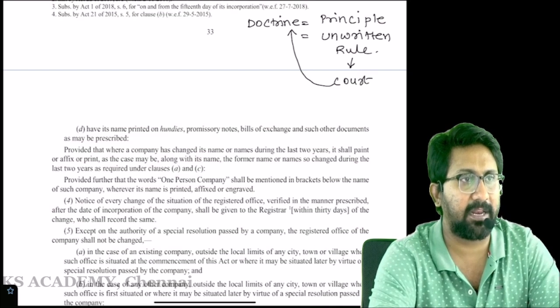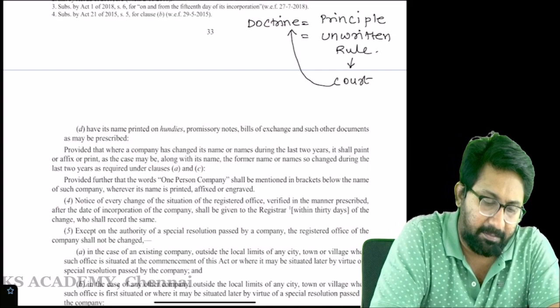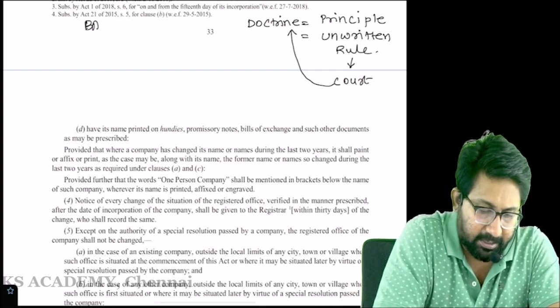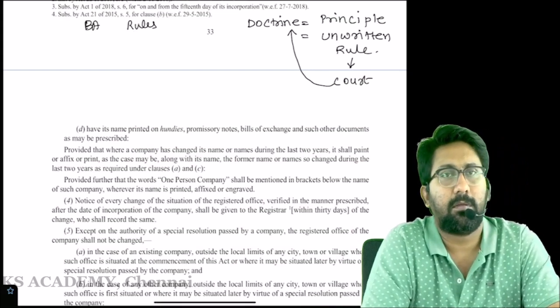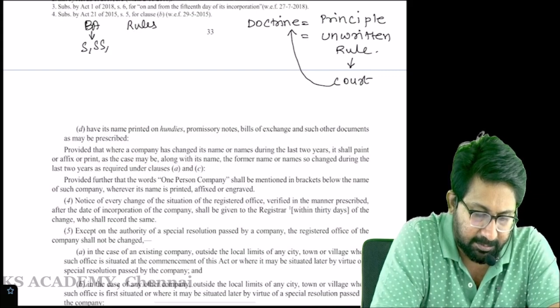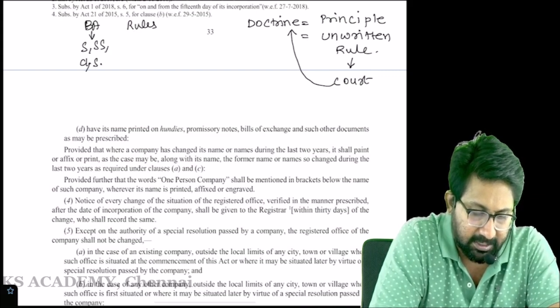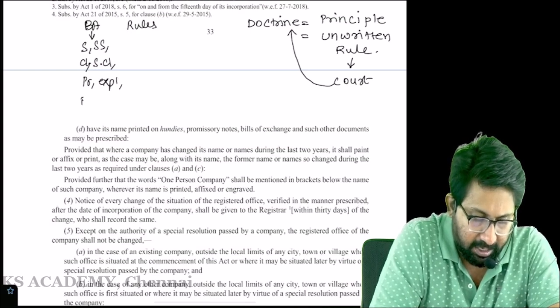Sir, I will explain in an easy, simple way. There will be the Bare Act and there will be rules. The Bare Act will contain section, subsection, clause, subclause, proviso, explanation, illustration.